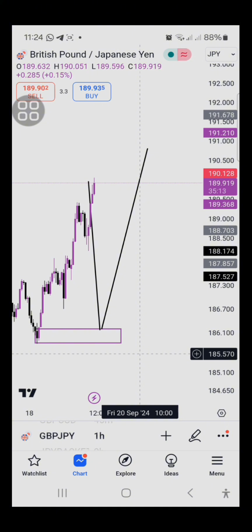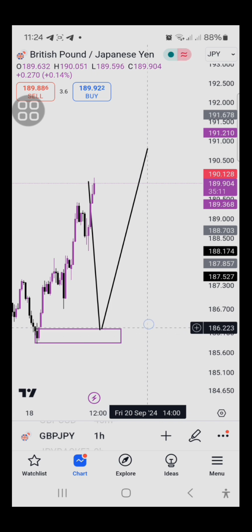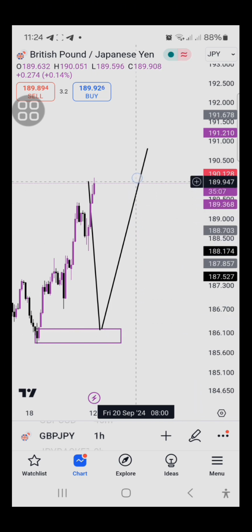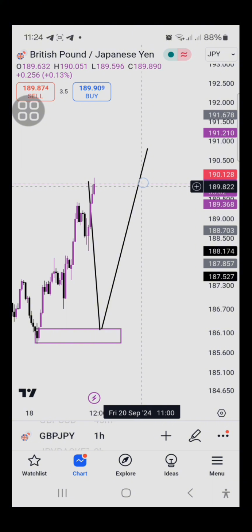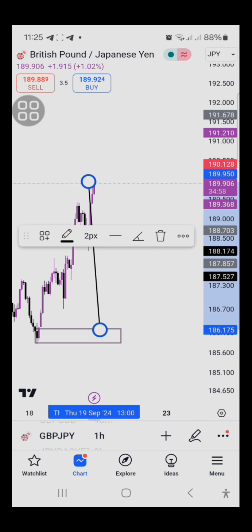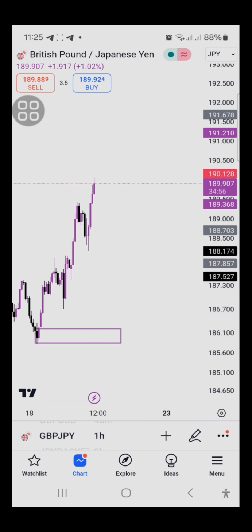Okay, so I want price to come down, pick me right somewhere here. My stop loss will be here, and let's say my take profit is right here at 189.822. So this is exactly how you use a buy limit order.